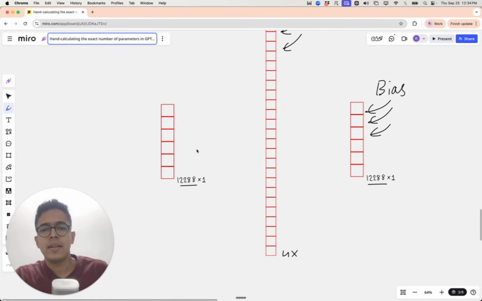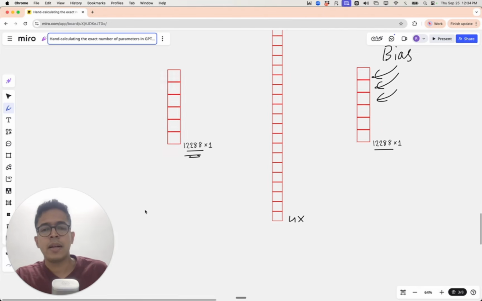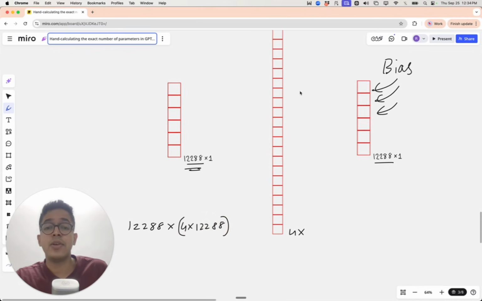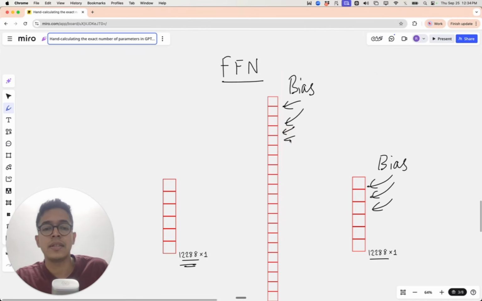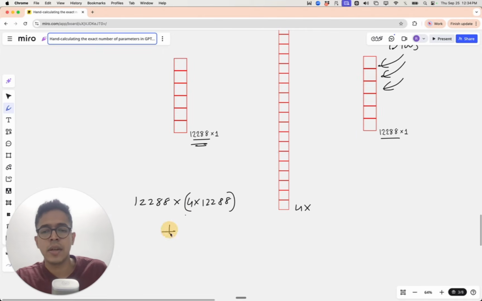So here there is a transformation happening from this dimension to 4x whatever this number is, and that would require a certain number of weights. The number of weights will be 12288 times 4 times 12288. But you can have bias also for each of these. So the total number of bias parameters will be this number. So this plus 4 times 12288.